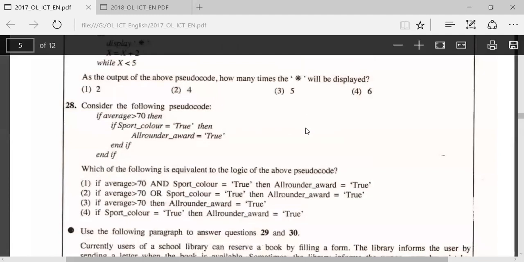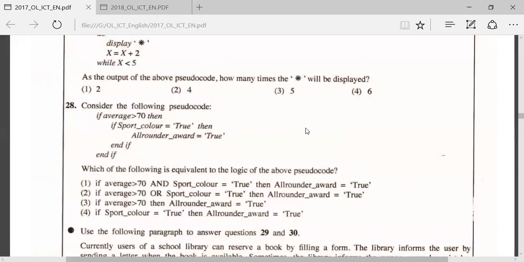Question number 28. Consider the following pseudocode. If average greater than 70, then if sports color equal true, then all round award equal true. So this is an if inside another if, which means both conditions must be true when you want to achieve the goal. So if average greater than 70 must be fulfilled and sports color must be true in order to get all round award as true.